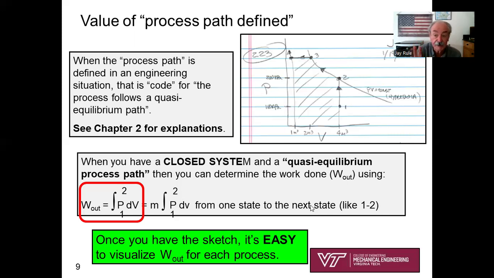Chapter 2: for a closed system with a defined process path, work is the integral of PdV. And so now that you have your PV diagram, it's easy to execute this integral of PdV for each process, and you've got your numbers. But I hate to use the word formula, because it's more than a formula. It is a fundamental statement of the work done for a closed system undergoing a quasi-equilibrium process.